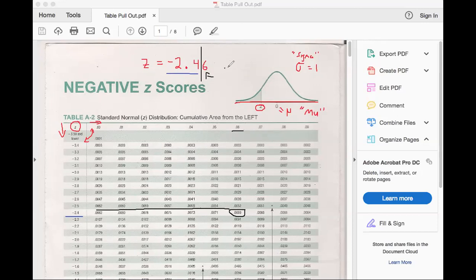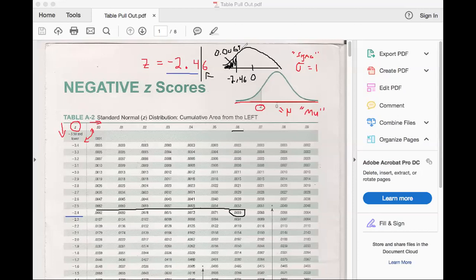So what that is showing me, in a horrible distribution here, is that if zero is in the center, then negative 2.46 is kind of over here. If I draw a line up and then color this piece, the amount of it that is colored is 0.0069.